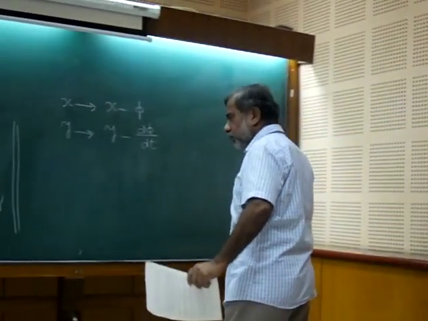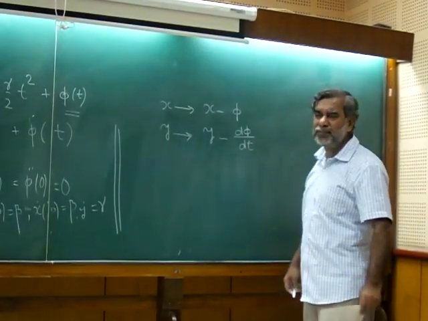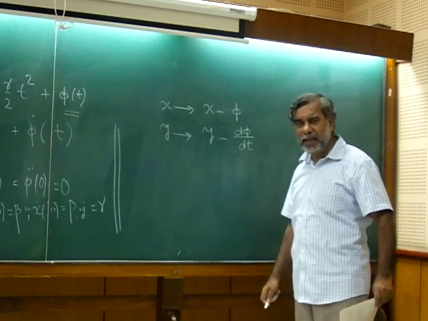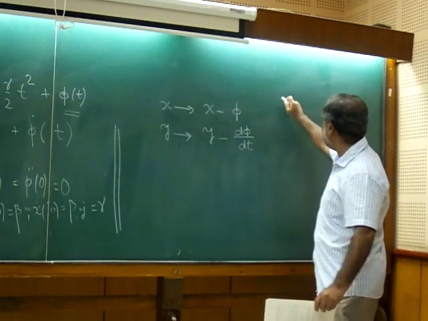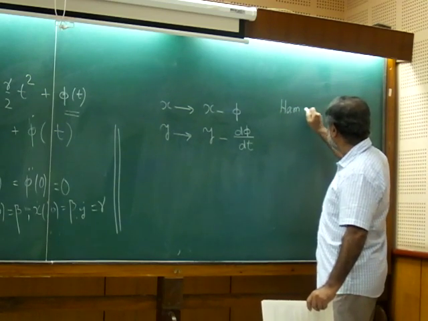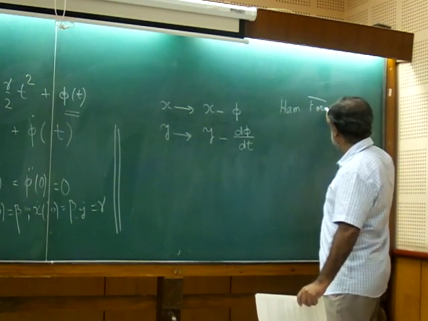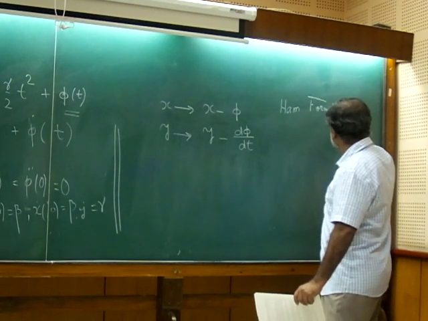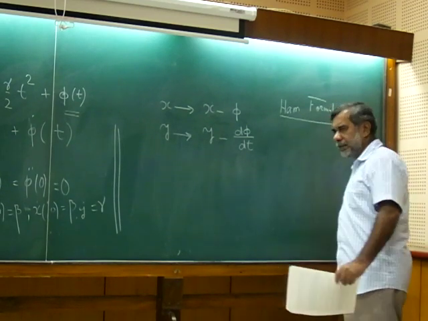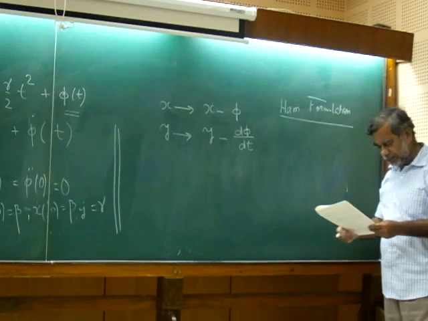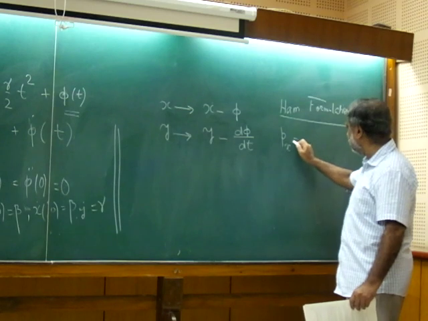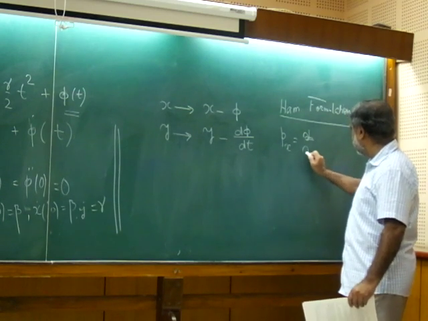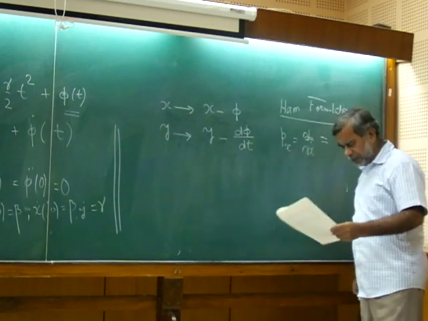Let me now come to the other point. What is the other point? The development of the Hamiltonian formulation. This was the Lagrangian formulation. Now, as before, you define a momentum Px, which is del L by del x dot.